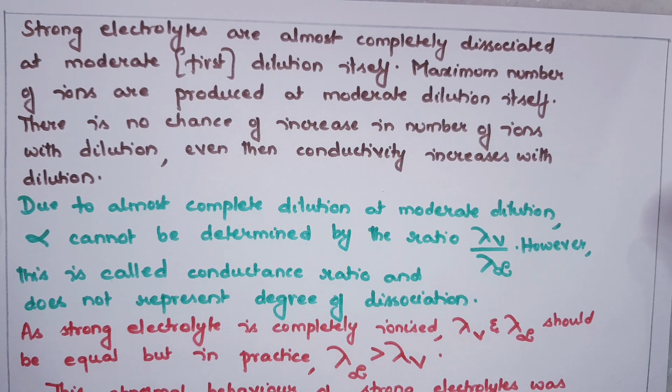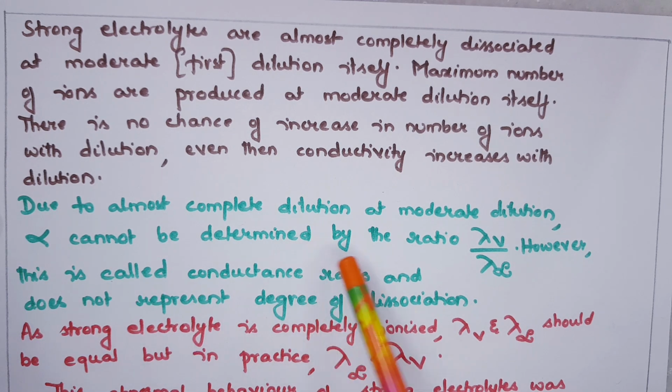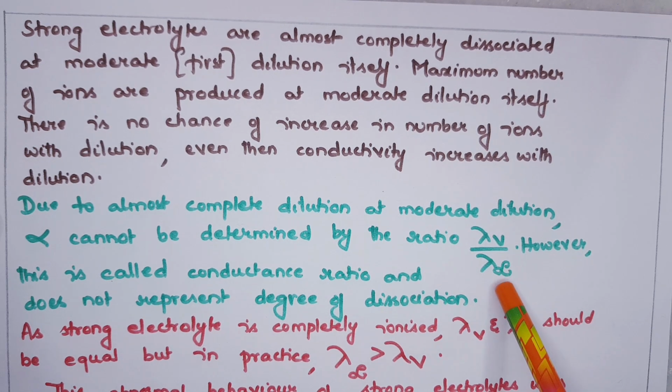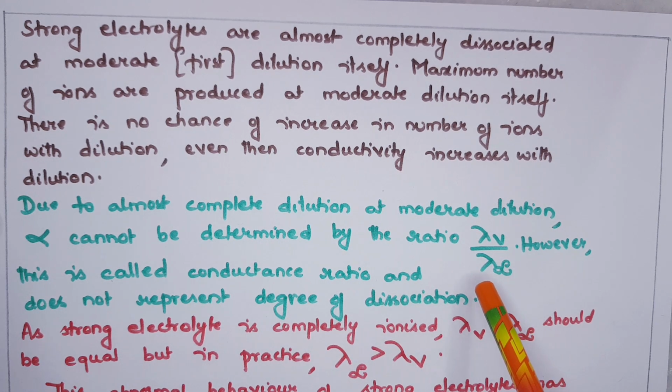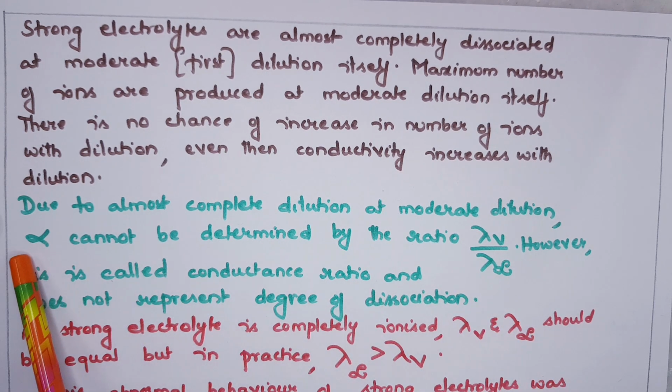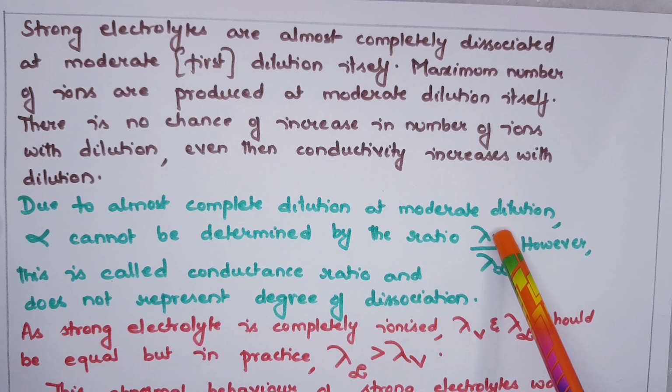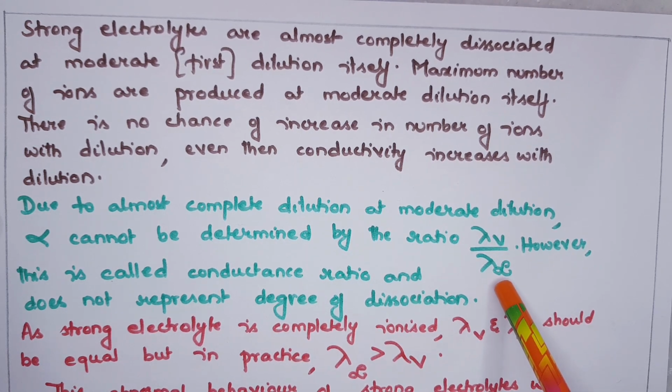Fine. Now, due to the almost complete dissociation at moderate dilution itself, degree of dissociation cannot be determined by the ratio lambda V by lambda infinity as in the case of weak electrolytes. In the case of strong electrolytes, alpha cannot be determined using this lambda V by lambda infinity, students. Why?